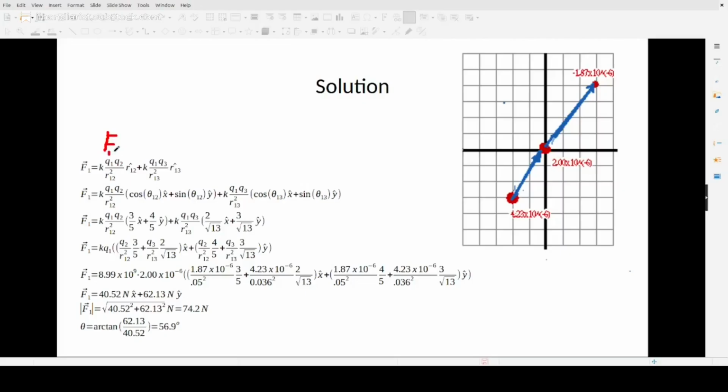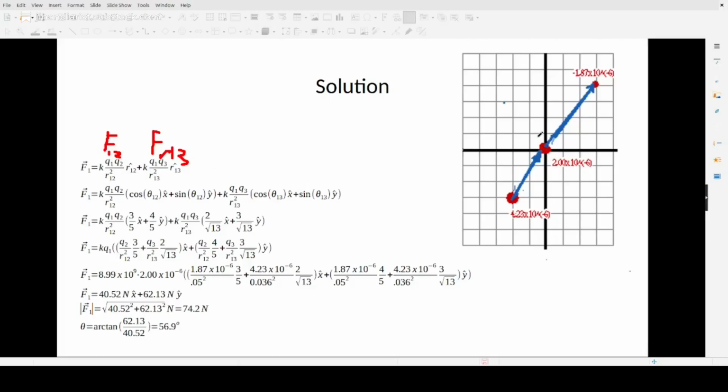I'm calling charge 1 the one at the origin, the one we're finding the forces on. Then we add these up: k Q1 Q2 over R12 squared, k Q1 Q3 over R13 squared.